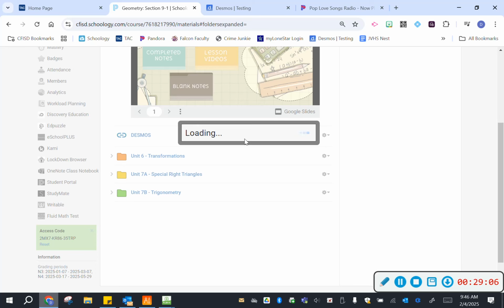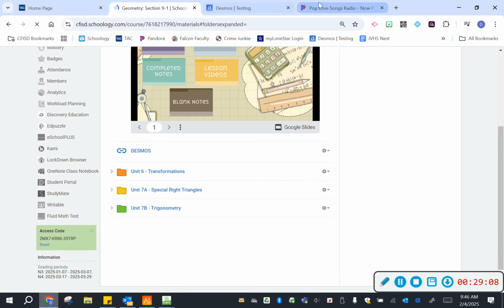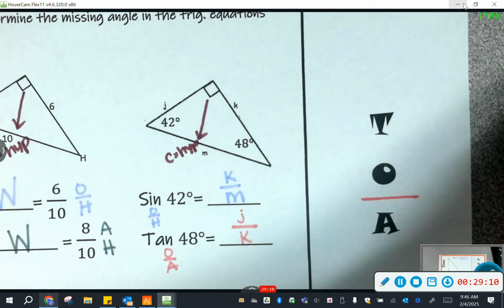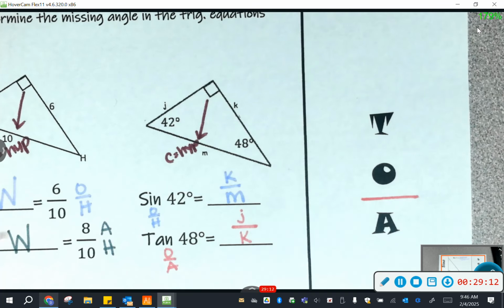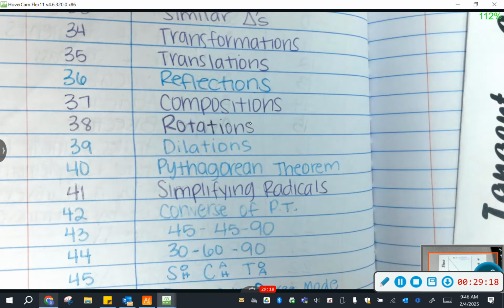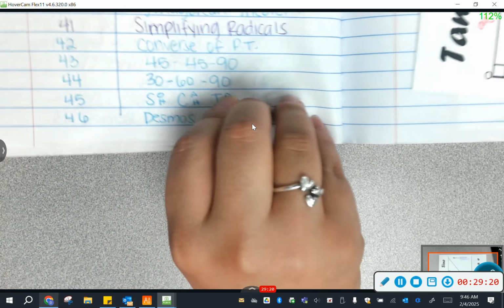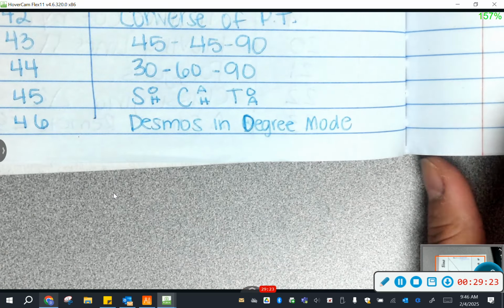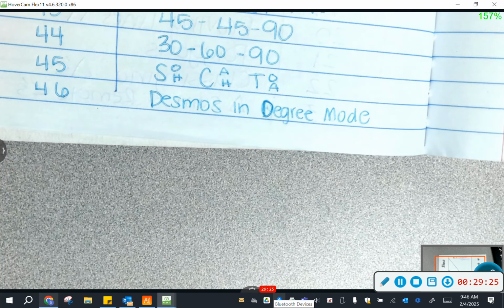Next, you are gluing these on to page 45 and 46. The one we just did, the soh-cah-toa one, is going to be on 45. So they're going to go out of order. The calculator one we did at the beginning of the class is going to go on 46.